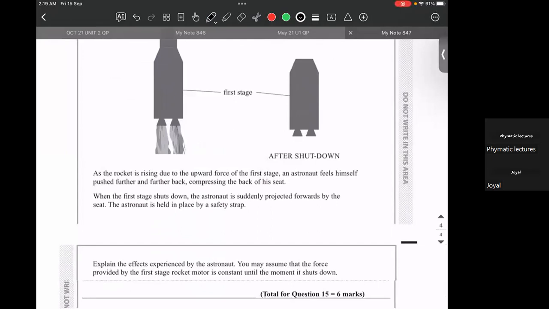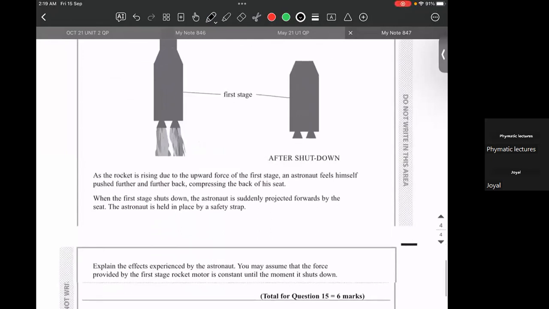As the rocket is rising due to the upward force of the first stage, an astronaut feels himself pushed further and further back, compressing the back of his seat. When the first stage shuts down, the astronaut is suddenly projected forwards by the seat.